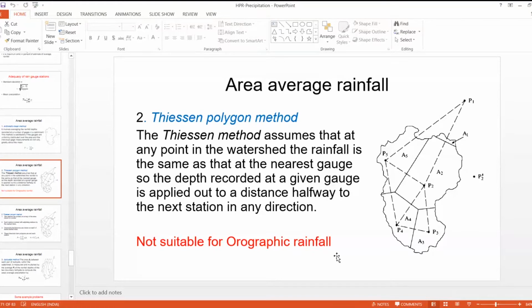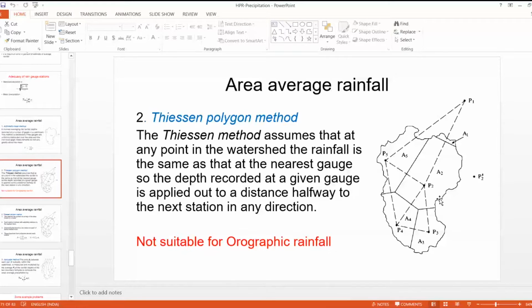So what we do is divide a catchment area into several polygons, and each polygon encloses a rain gauge station, and within the polygon the rainfall is equal to the rainfall measured at that station.